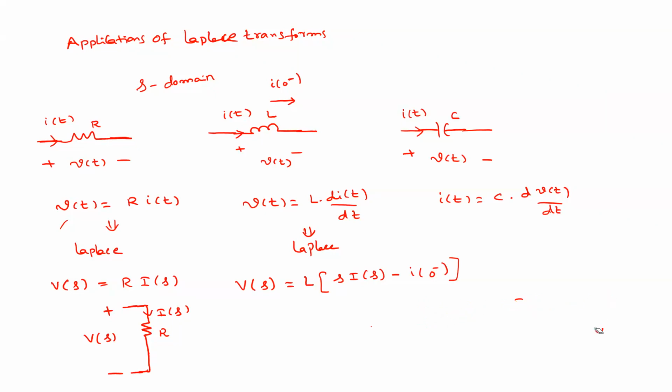Is this correct? L into S into I of s minus I of 0 minus. So this can be written as S L into I of s minus L into I of 0. 0 minus or 0, both are the same, right? Agree with this?